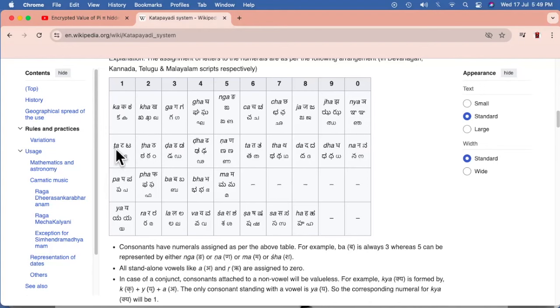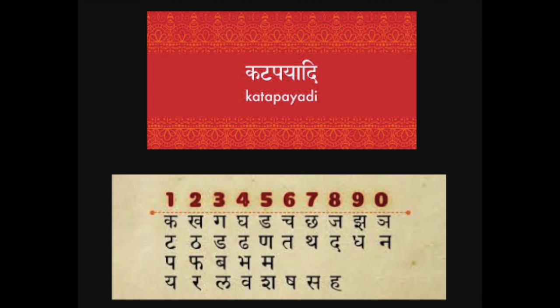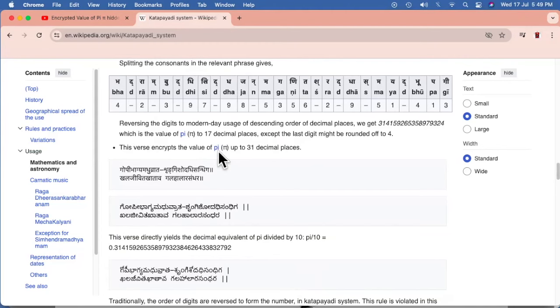So K is 1, T is 1, P is 1, Ya is 1, and accordingly the other letters are given values. If we apply this to one of the shlokas from the Bhagavad Gita, we get the value of pi, 3.14159265358979, the entire value of pi.